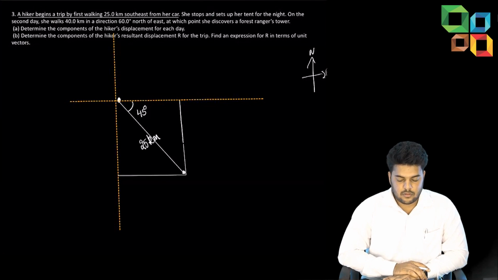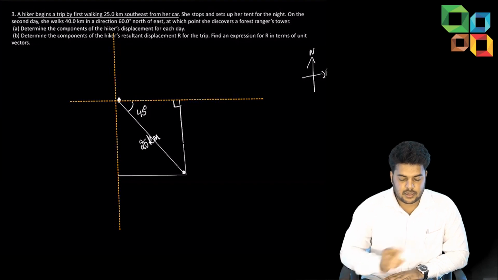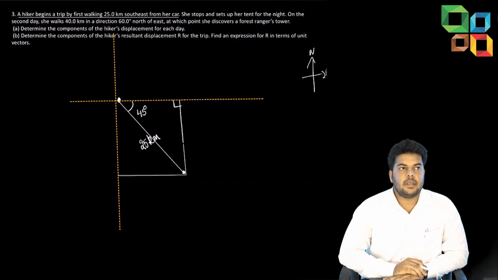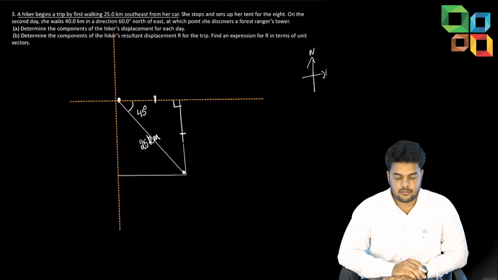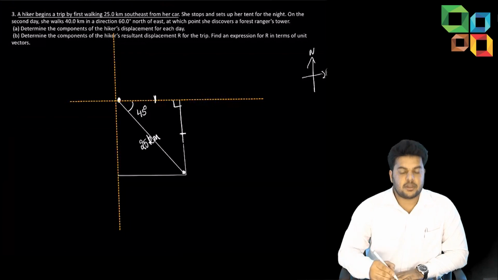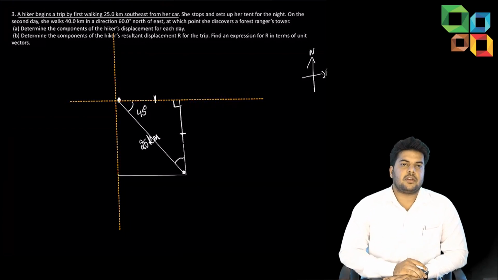Yeah, this is 90 degrees you're saying, right? So these two distances are equal, because that angle is 45 degrees. Moreover, you can see that it would be an isosceles triangle, isn't it? So you can figure it out.